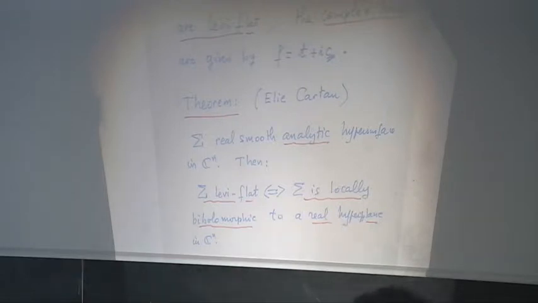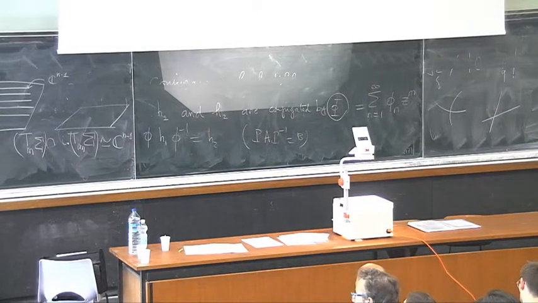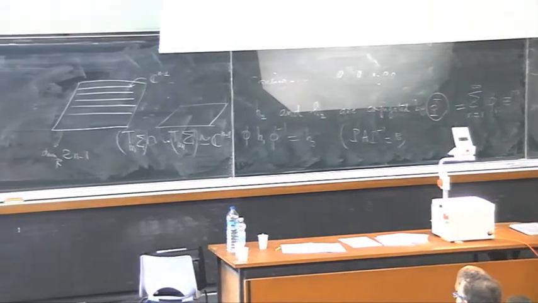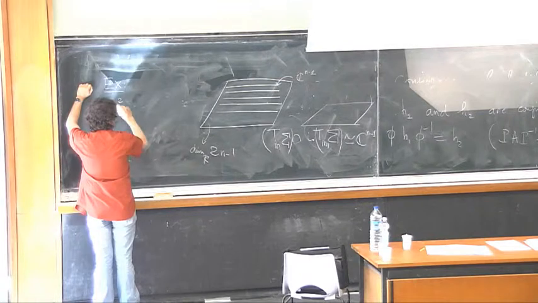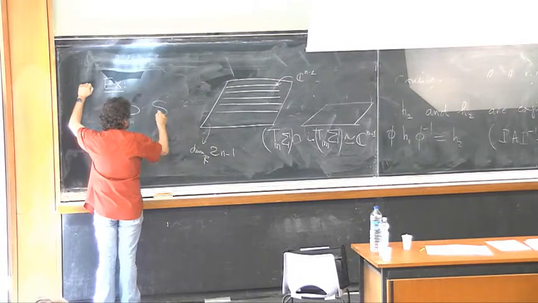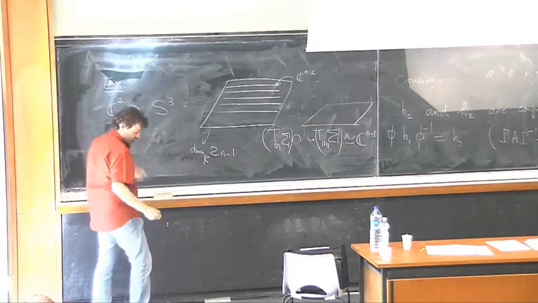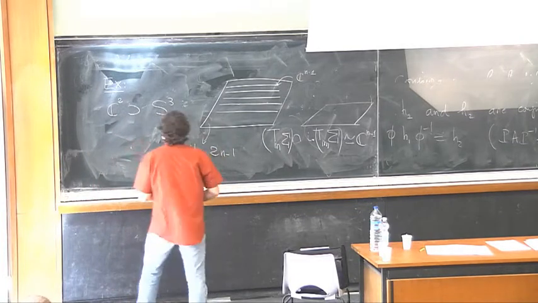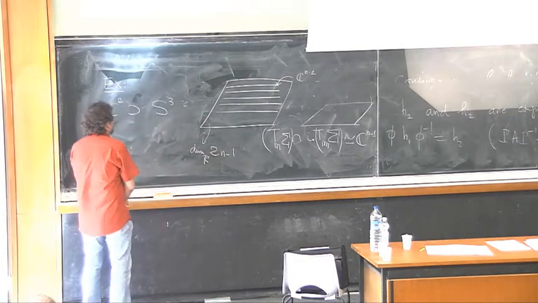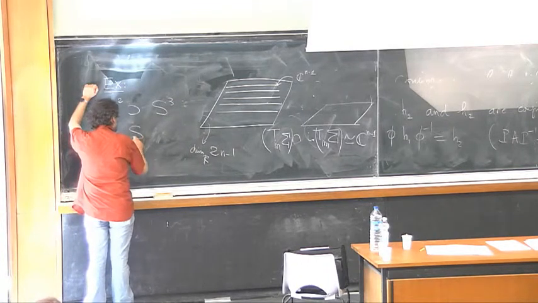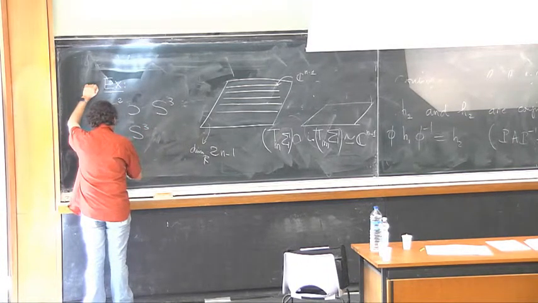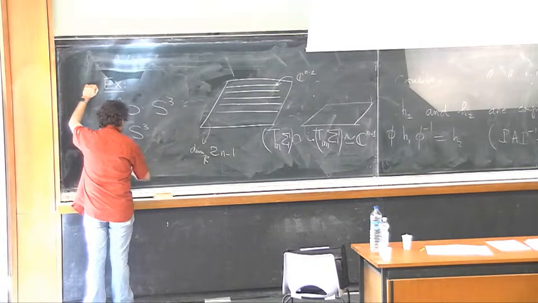An exercise: if you take in C2 the sphere S3, which is of codimension 1, then this sphere is not Levi-flat.